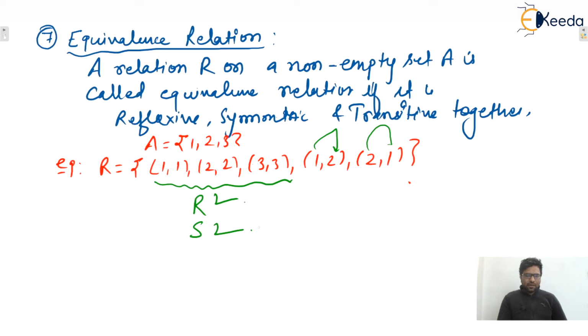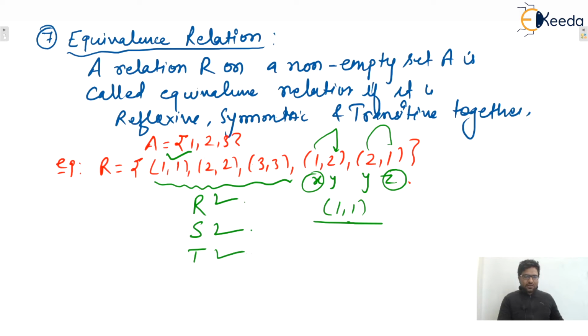For transitivity, I already explained there is no need to check self loops because they won't cause any problem. If x comma y and y comma z are present, then x comma z must be present. Here x comma z will be 1 comma 1, which is already present. So it is transitive also, and so this relation is an equivalence relation.